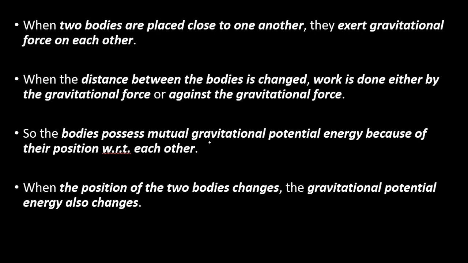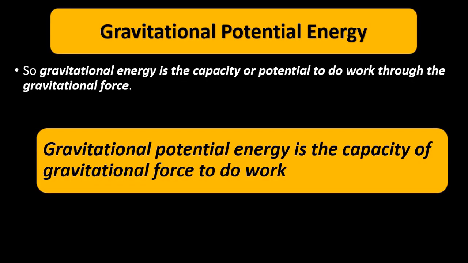When two bodies are placed close to one another, they exert gravitational force, and when the position of either of the two bodies changes because of the acting gravitational force, there is work done either by the gravitational force or against the gravitational force. In either case, the position of the body changes, work is done, and as a result the gravitational potential energy changes.